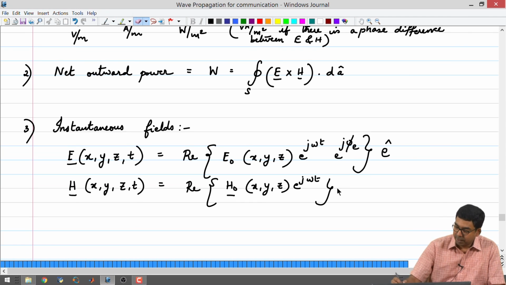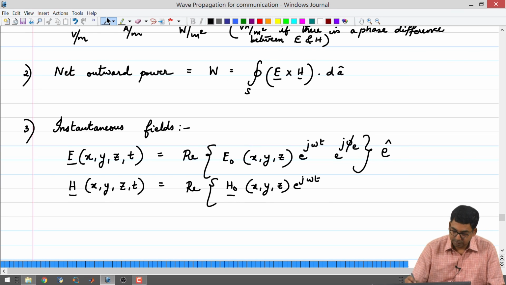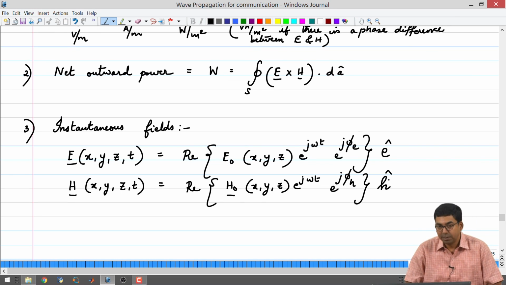Similarly, for the case of the magnetic field, the most generic case with respect to a reference, it has a phase phi h and the unit vector describing the magnetic field is given by h hat. This becomes a very generic expression for electric and magnetic fields.